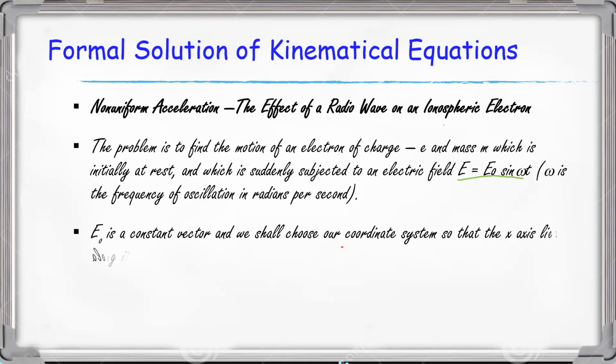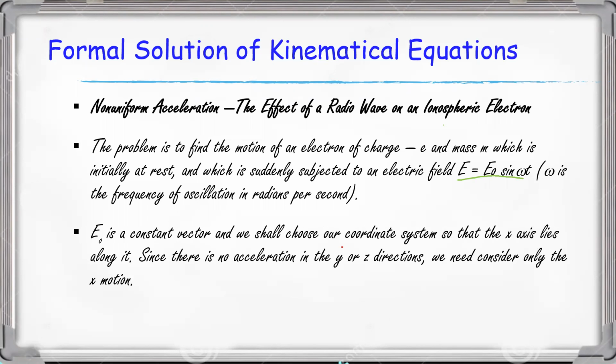Here E0 is a constant vector and we shall choose our coordinate system so that x axis lies along it. Since there is no acceleration in y or z direction, we need consider only the x directional motion.